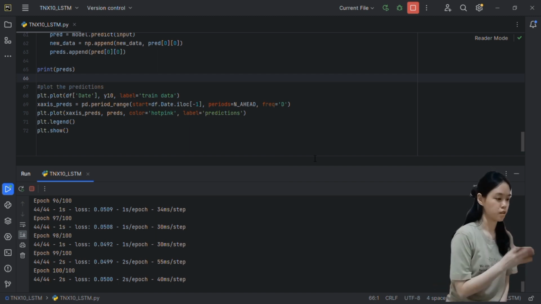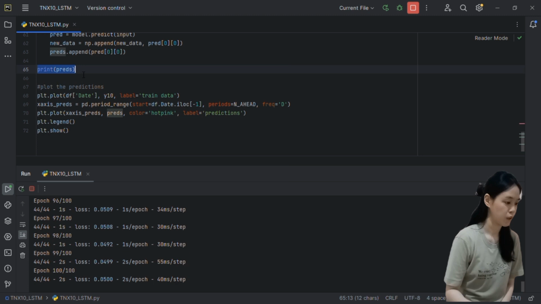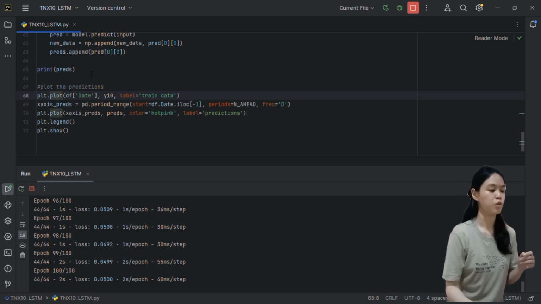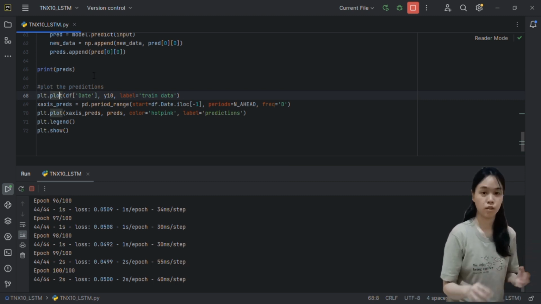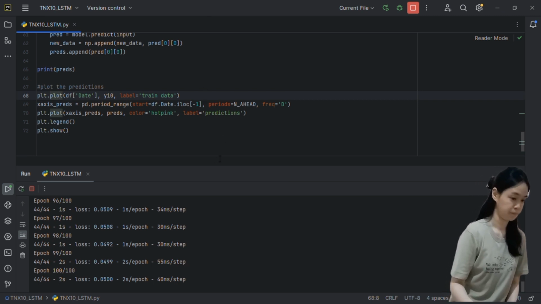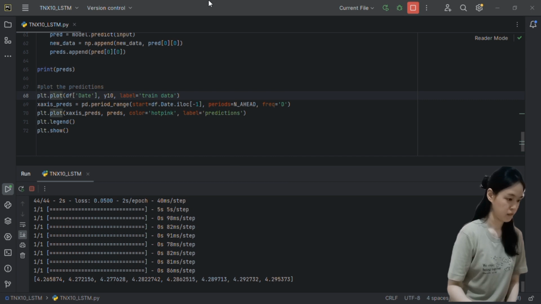Okay, so let's continue our code in predicting. After we print our predictions, we want to plot our predictions. I'm going to plot the predictions alongside the original data, so we can see in what direction the predictions are going.